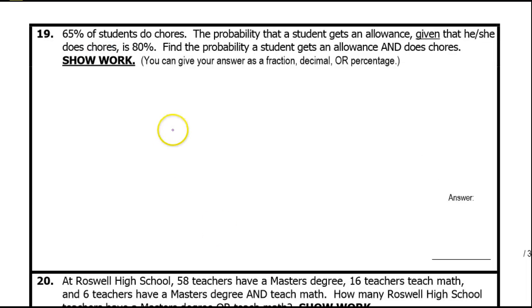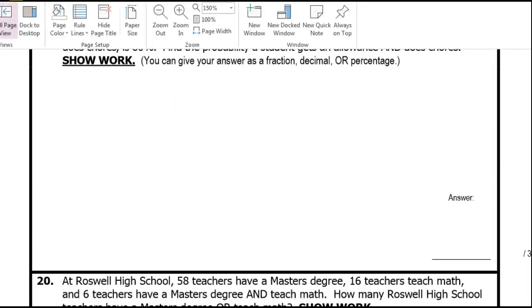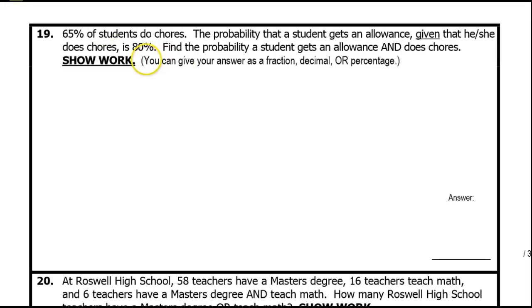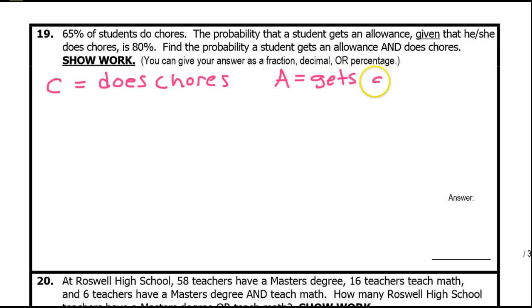So let's make a little list for ourselves. Let's start by picking the events. So some students do chores, some students get allowance. Those are the 2 events we're talking about. So we will let C be does chores, and we will let A be gets allowance. Alright, 65% of students do chores.